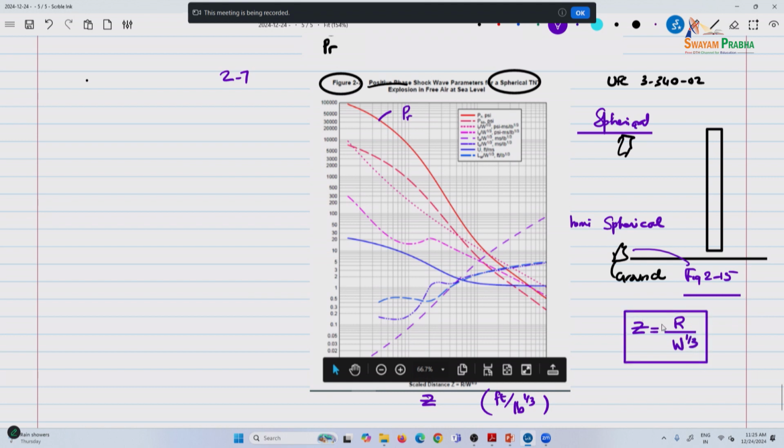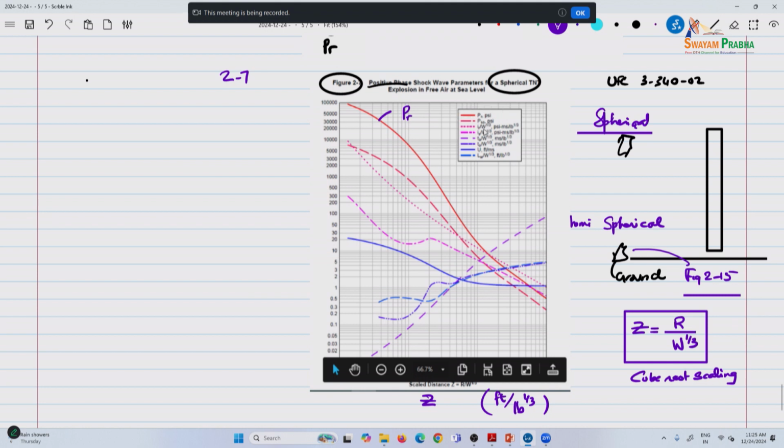This is also called Hopkinson's cube root scaling. There are lots of other theories in terms of scaling, and we will look at that at some point, but this is one of the most popular ones. And here this is PR.